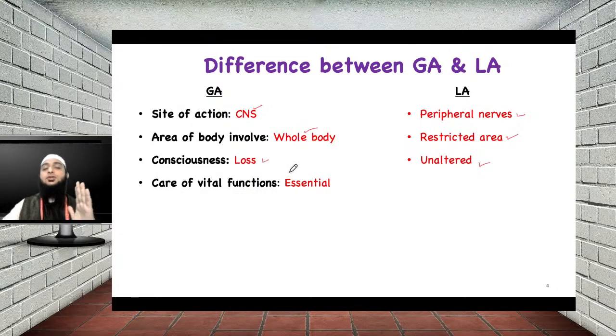Since the drug is going into the blood circulation, all vital organs like the heart and the central nervous system, most of these organs, are involved. And since these organs are involved, you do remember that it is very essential to take care of the vital function, or the care of vital organs, because the drug is in the blood, it can expose the heart, the lungs, and the brain, so it is exposing all vital organs.